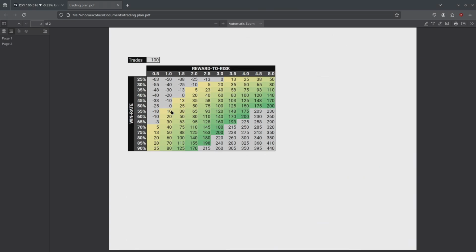If you, for instance, take a $50,000 account, you compile 10% on that, and that is $5,000 of profit, which doesn't seem like a lot.